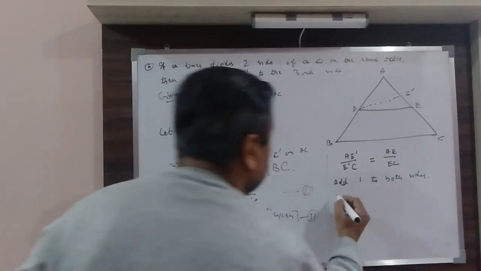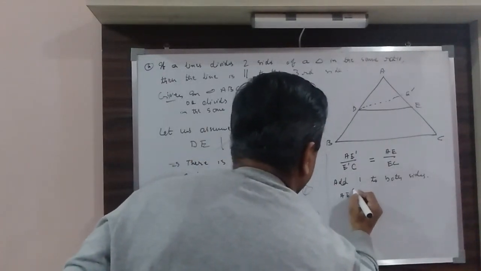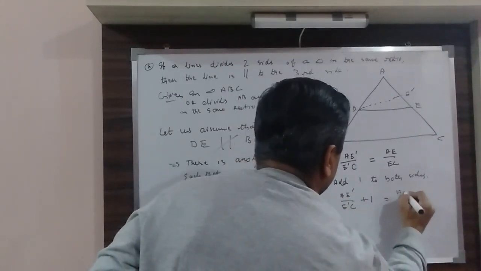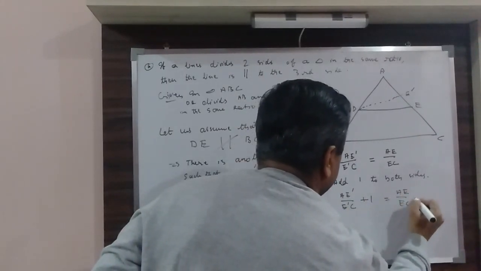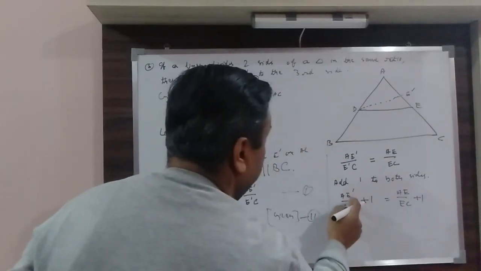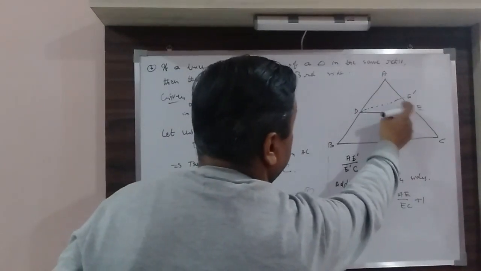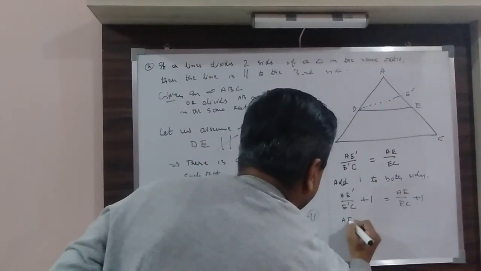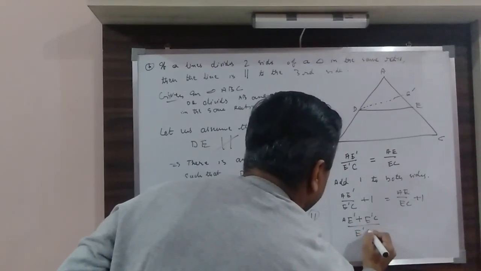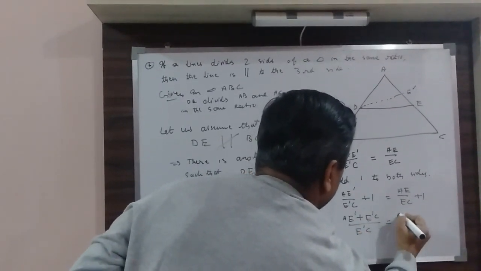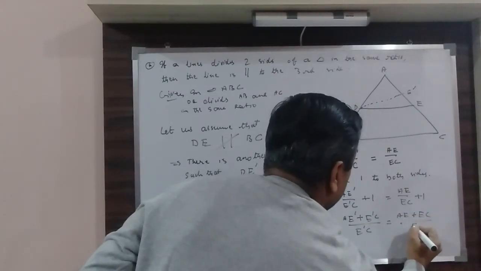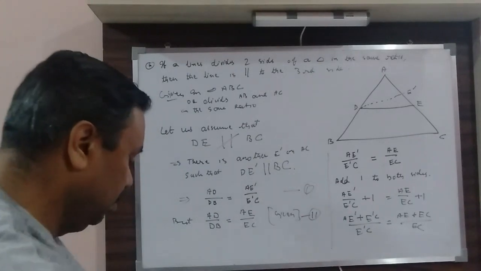What will happen? AE dash over E dash C plus 1 will be equal to AE over EC plus 1. Or I can write it as AE dash plus E dash C divided by E dash C is equal to AE plus EC divided by EC.